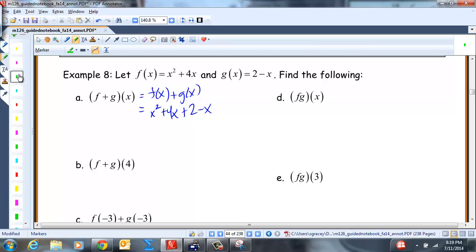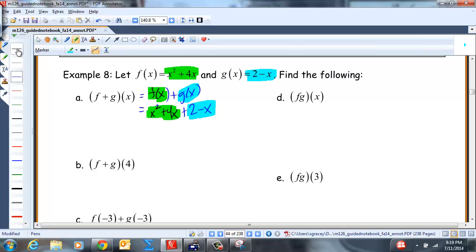So if we were to highlight, f at x is this, and g at x is this. So we have our sum. So we will get a result of x squared plus 3x plus 2 is our result for this sum.